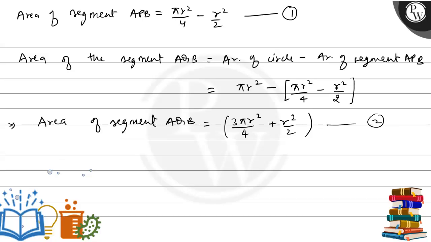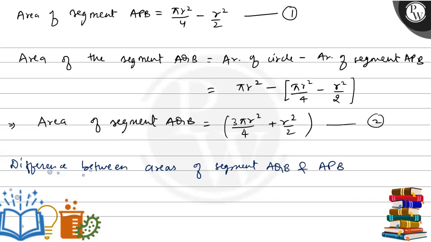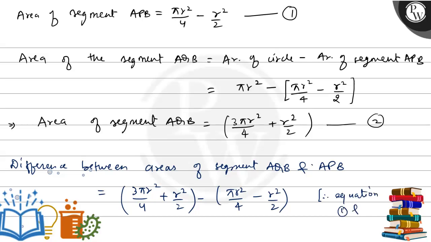Right, now moving further, we have to calculate the difference between the major segment's area and the minor segment's area. So I am writing here: the difference between the areas of segments AQB and APB is equal to, the area of AQB is this, 3 pi r square by 4 plus r square by 2, minus the area of APB, which is pi r square by 4 minus r square by 2. These are from equations 1 and 2.